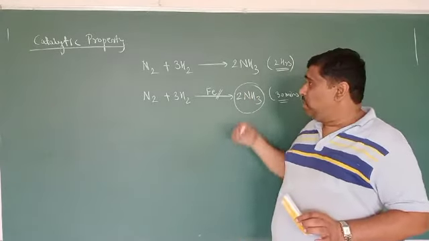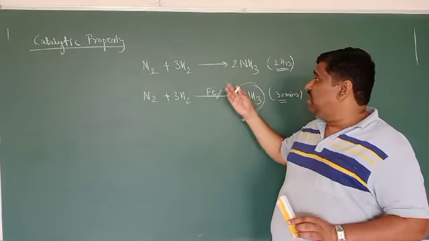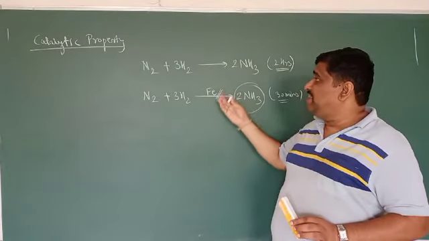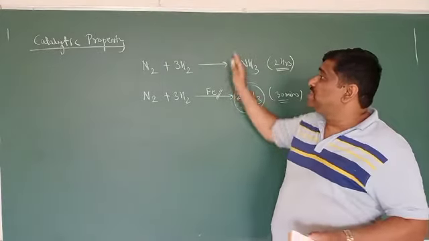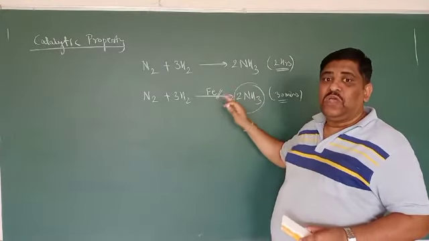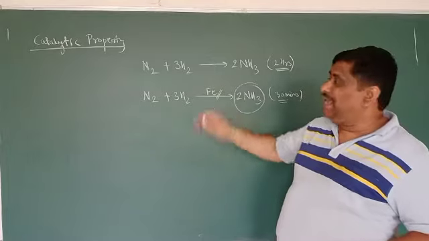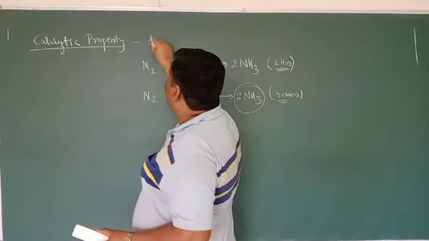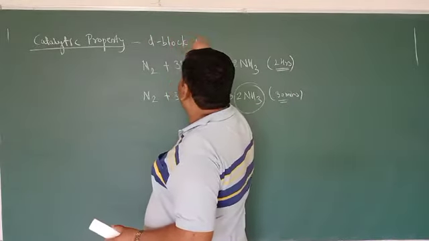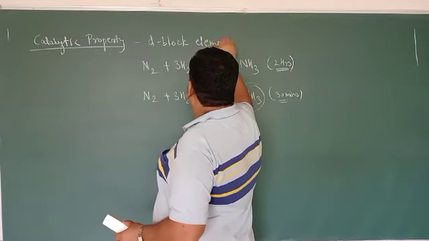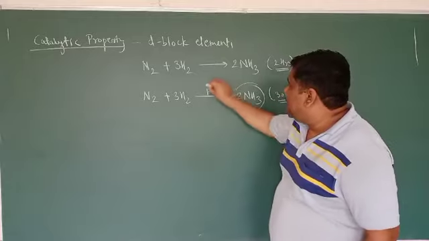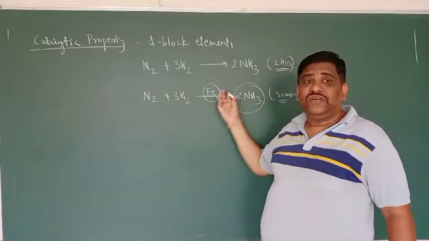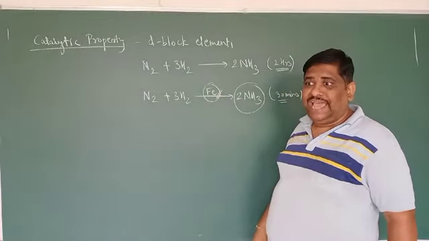Now, what is the effect of the catalyst, increase or decrease? But we are not going to discuss the property of the catalyst. We are going to discuss the catalytic property of D block elements. You can see iron is also a D block element here.